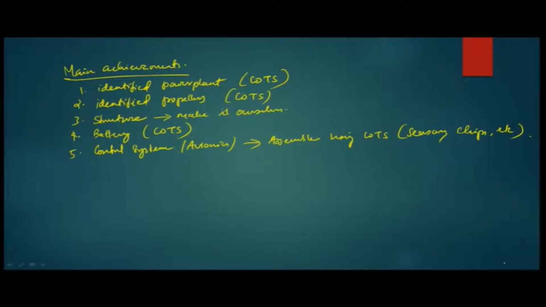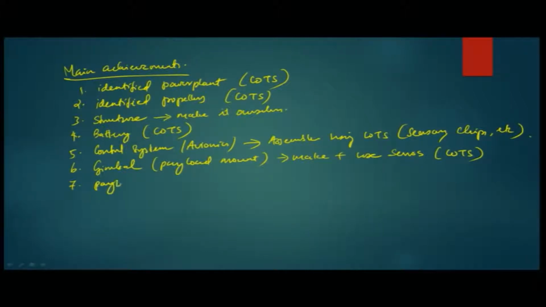Then we also had the gimbal, the payload mount. You can think about it this way: make plus use servos. These were COTS, commercially off the shelf servos. Then 7 would be payload, which were cameras, COTS, commercially off the shelf.